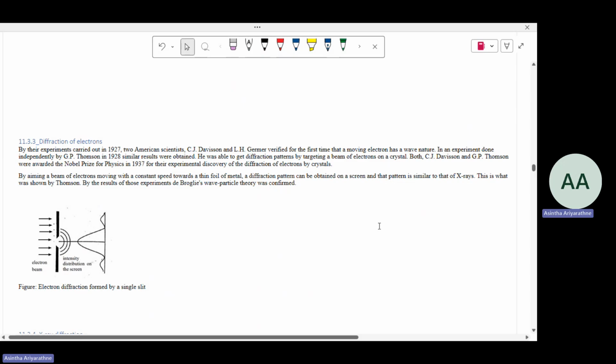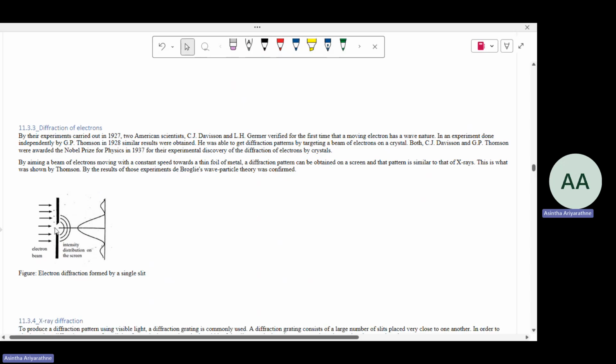So in the experiment, the electron beam, that electron wave, is directed towards a metal crystal, and after the diffraction process, what is diffraction?